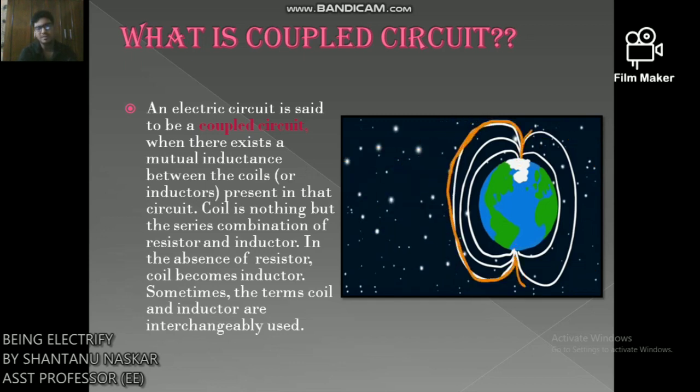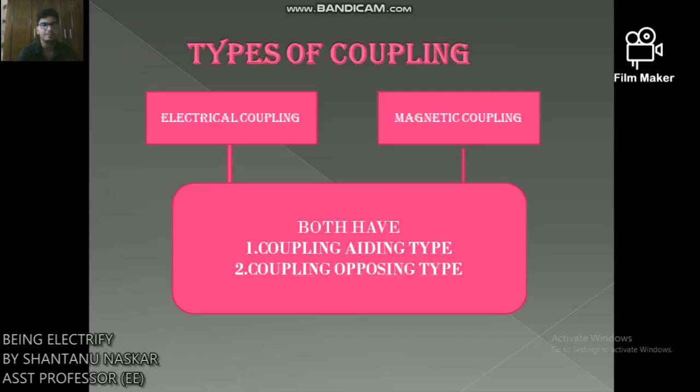In this chapter, first let us discuss the classification of coupling, or you can say types of coupling. There are 2 types of coupling, and we can classify the coupling into the following 2 categories: electrical coupling and magnetic coupling.